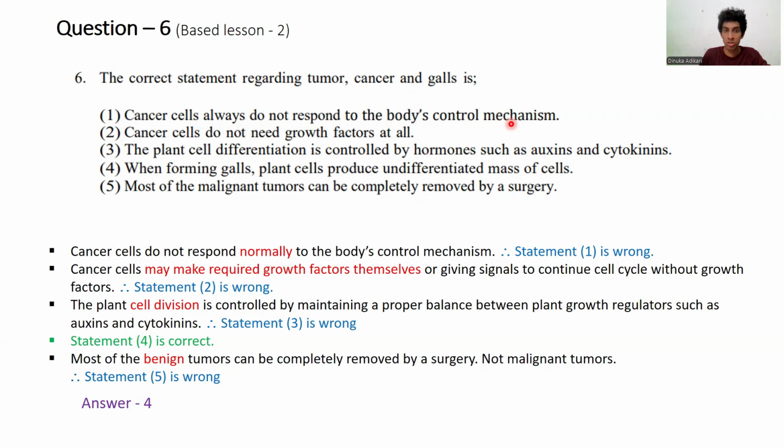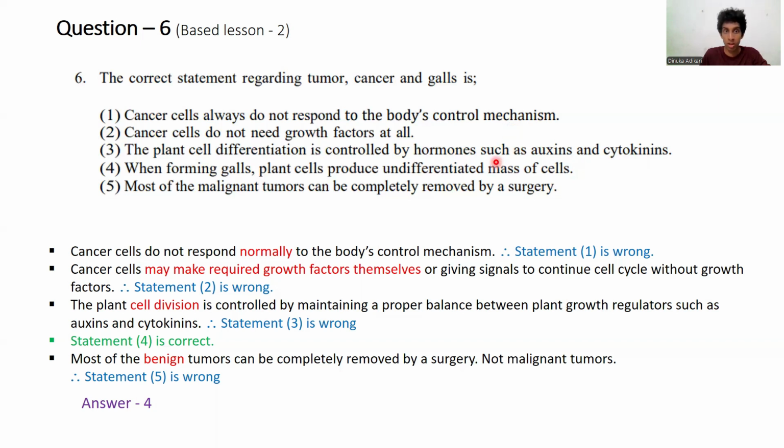Cancer cells do not need growth factors at all. No. Cancer cells may make required growth factors themselves or give signals to continue the cell cycle without growth factors. Therefore, cancer cells may sometimes make required growth factors themselves. So therefore, statement 2 is wrong.